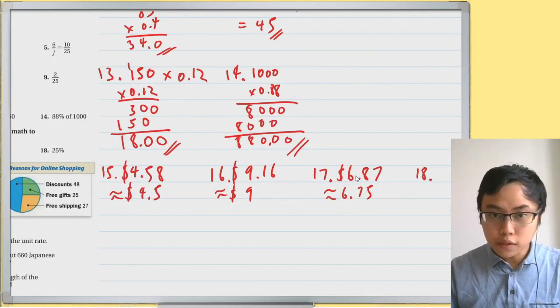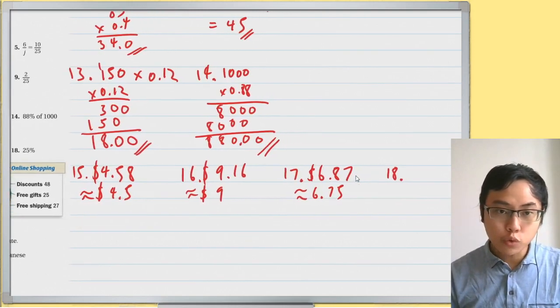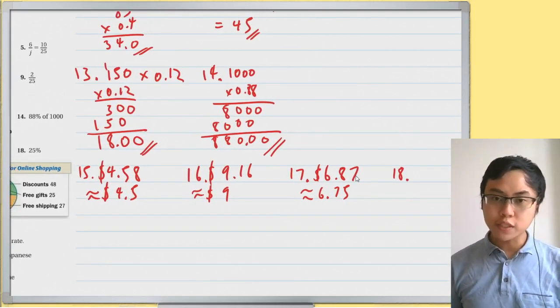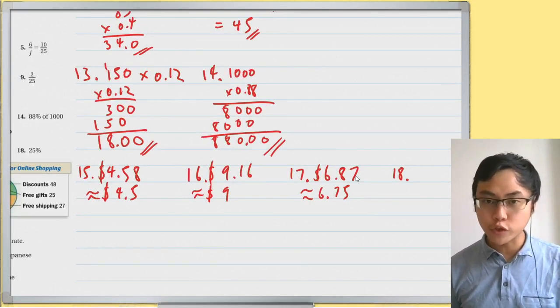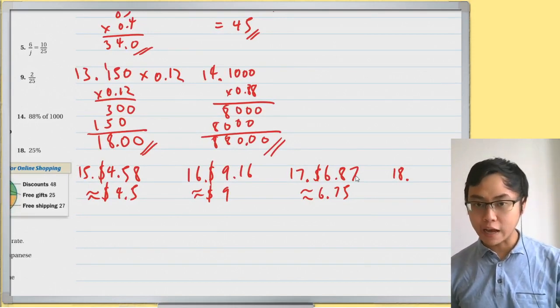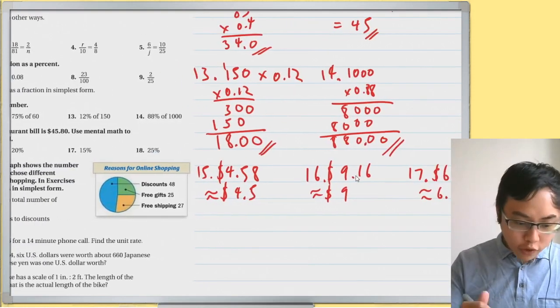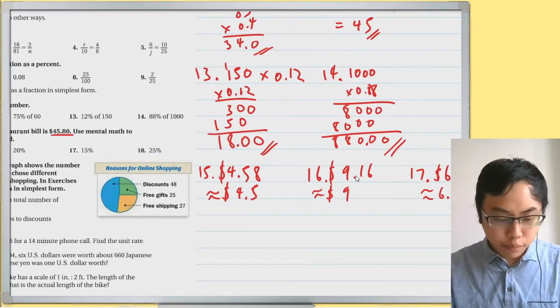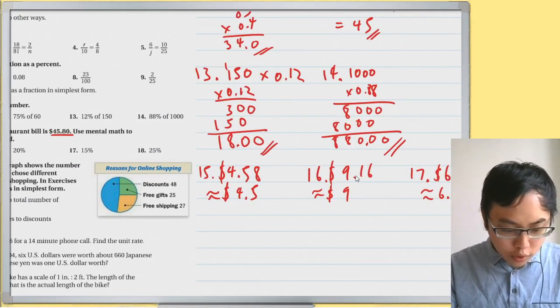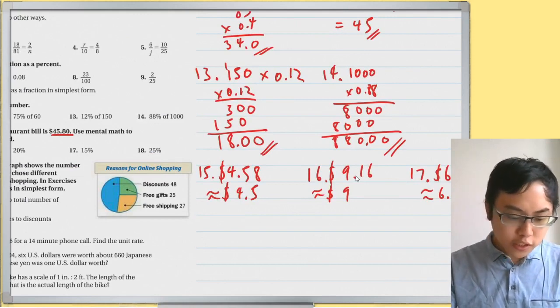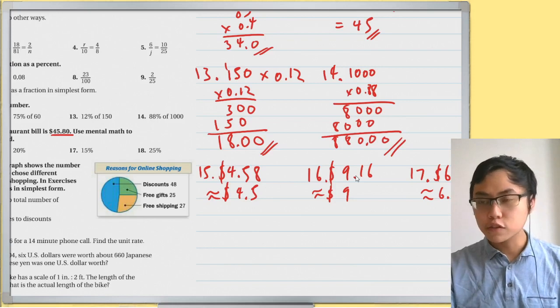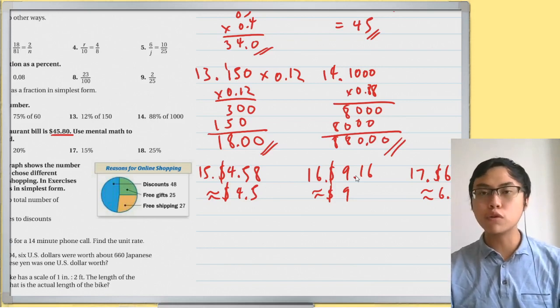Then question 18, let's do this over here. Can you guys see that? We want to work out 25%. So 25% is fairly simple. We just need to divide the original by 4, half and half. So $45.80. Half of that is approximately $22. Let's just round it to $46. So $46, half of that will be $23.